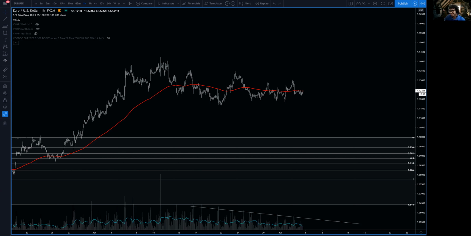Sometimes it works, but it's really kind of hard. I can't tell if that's an entry or just me wanting to enter a trade.